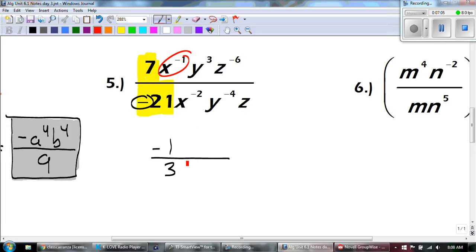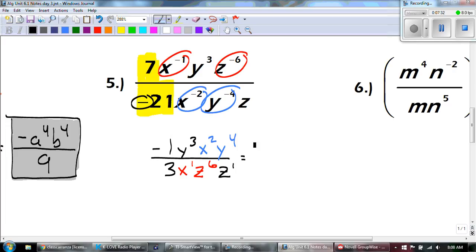Okay? x to the first, exponent's negative, drop it like it's hot. My y to the third stays on top. My z, my exponent's negative, I'm going to drop it like it's hot. If it's already on the bottom, bring it to the top. And the z, that's the z to the first, stays there.